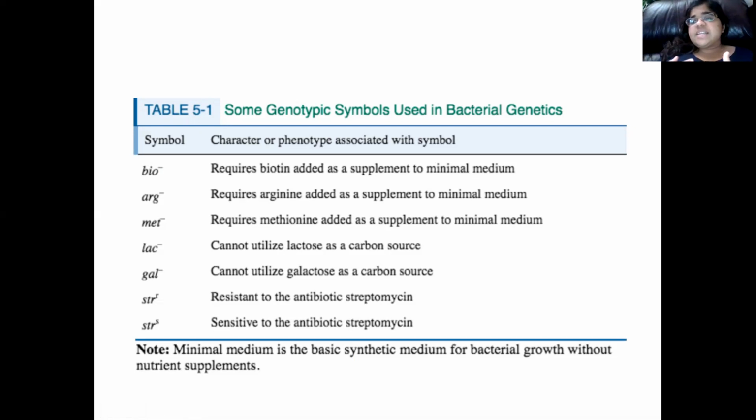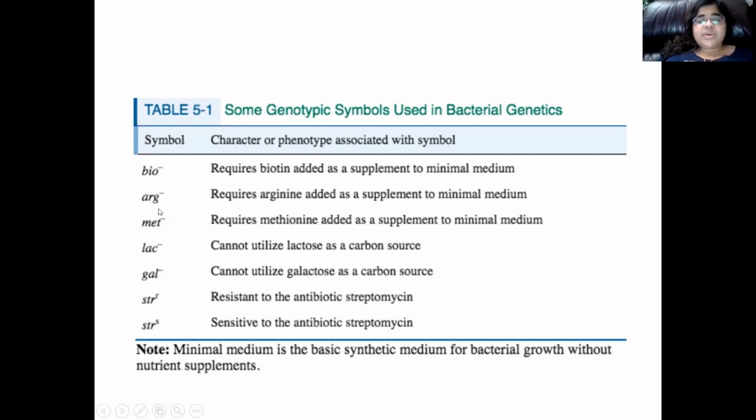Bio-negative means that that specific strain of bacteria, that auxotrophic bacteria, lacks biotin, and for that strain to grow, you need biotin as a supplement to that medium.